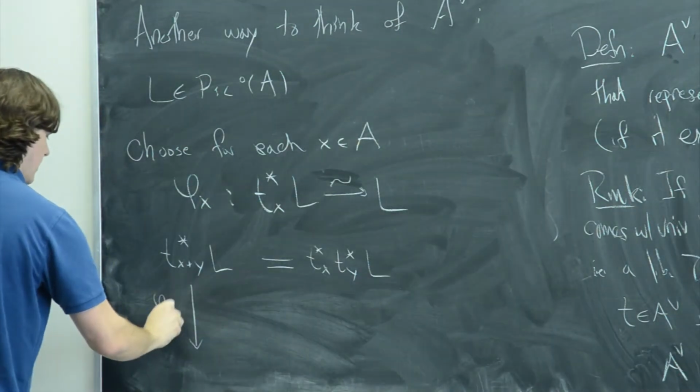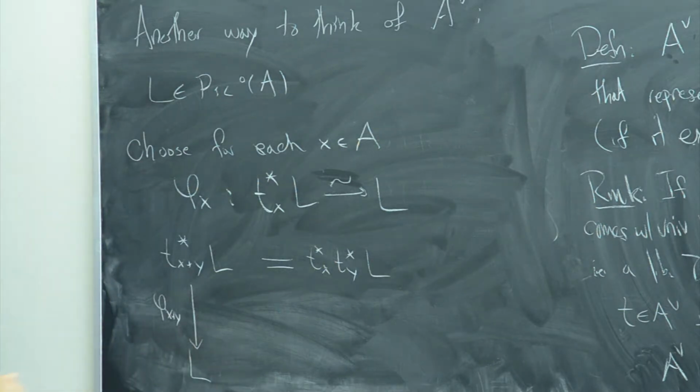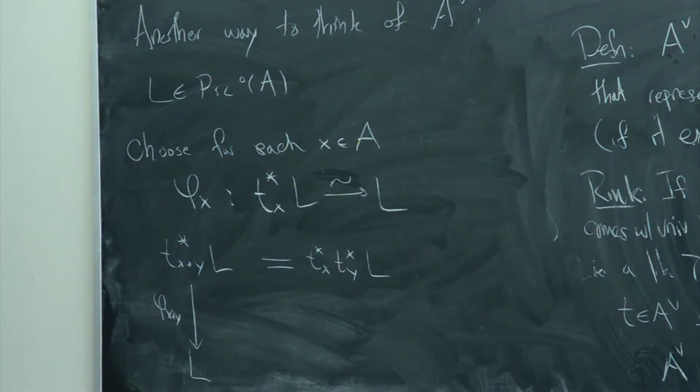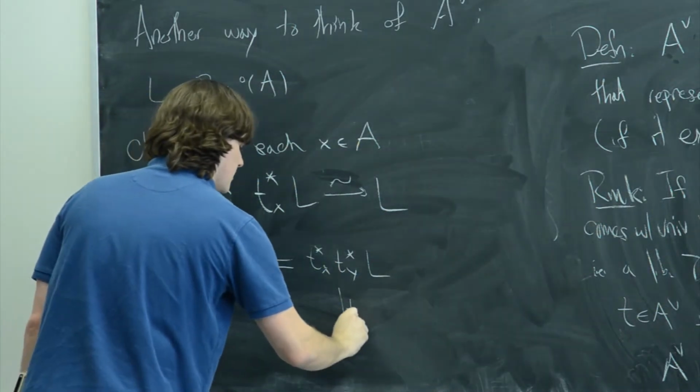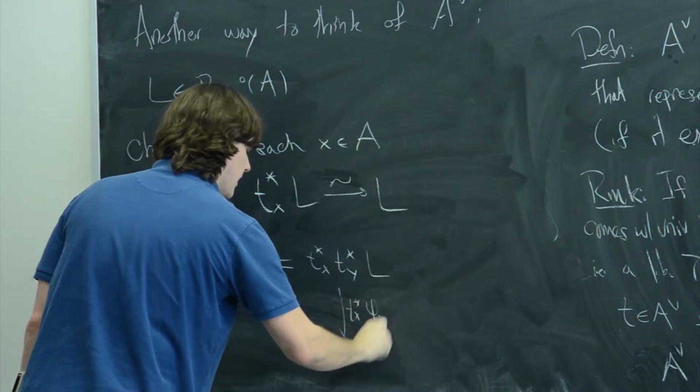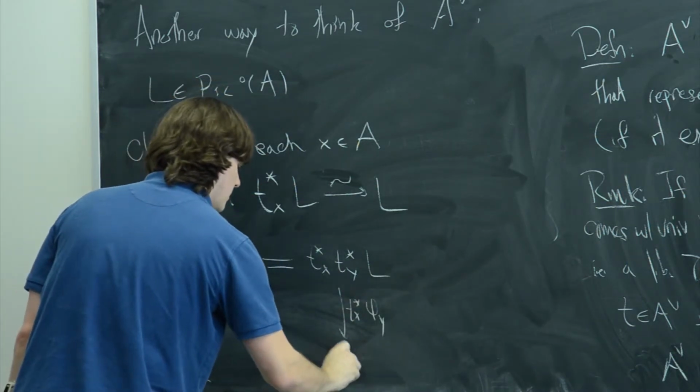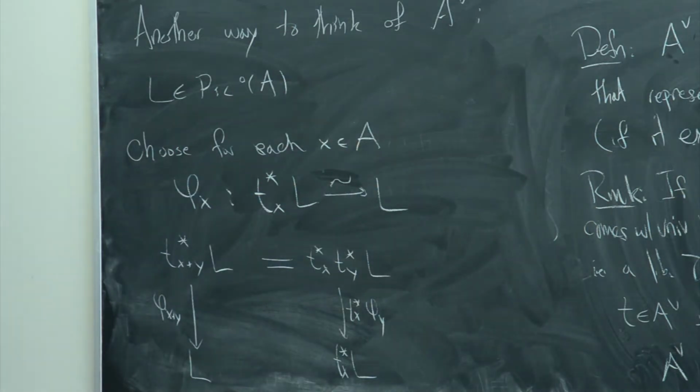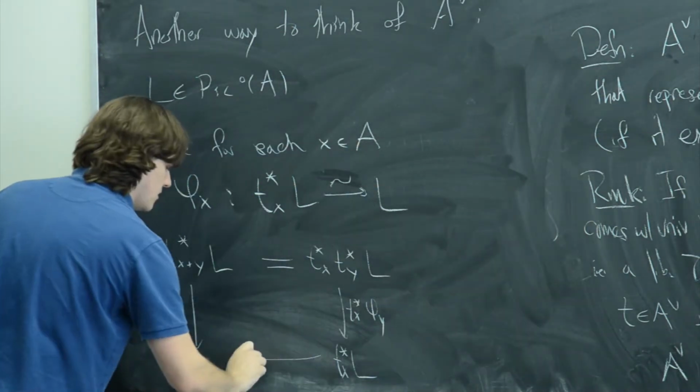So phi of x plus y goes down to L, just by definition. And then you can do T_x star of phi y, and that will go to T_x star of L. And then you have phi of x here.